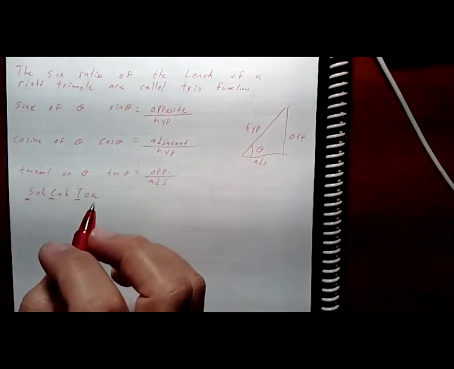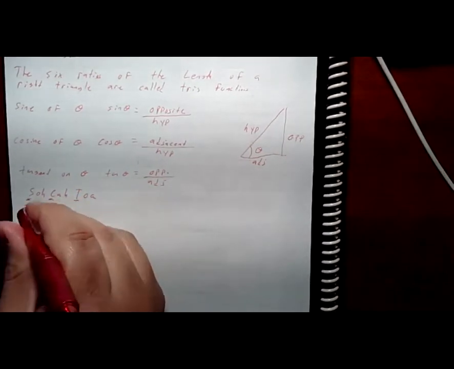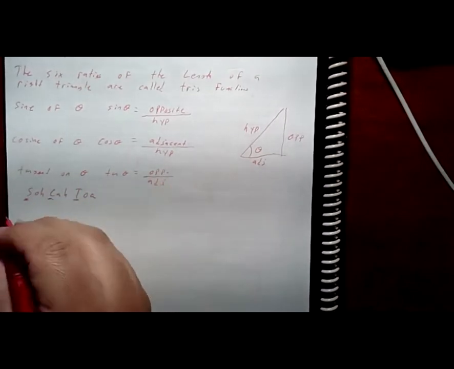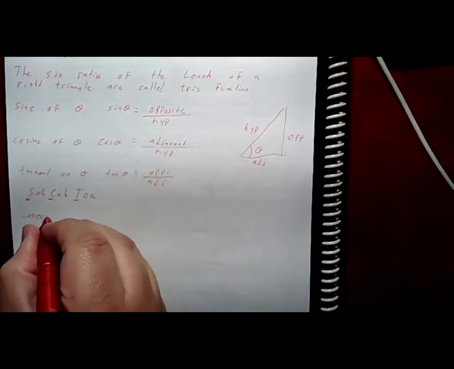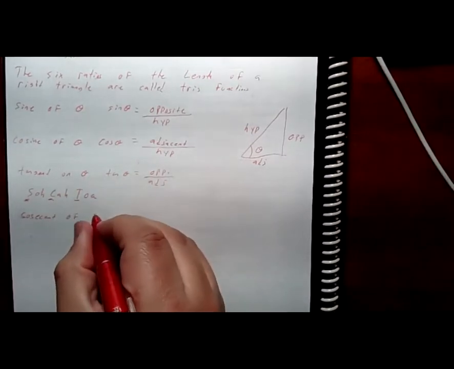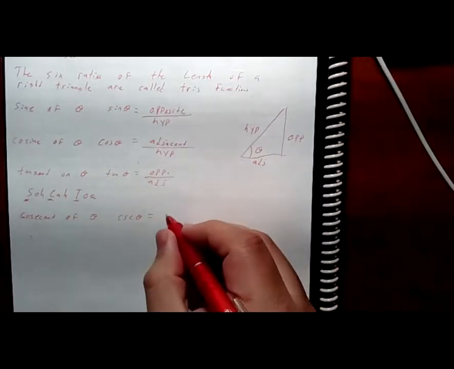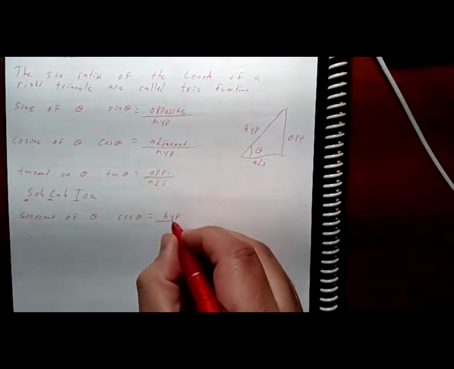Okay, now the other 3 functions are going to be based off those original 3. They're just reciprocals. So cosecant, I guess we'll write the word again, consistency. Cosecant of theta is written as CSC theta, which is the reciprocal of sine. So hypotenuse over the opposite. Okay.